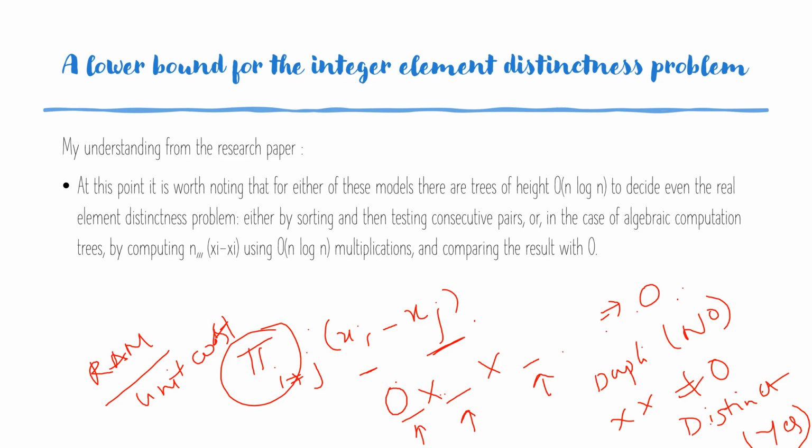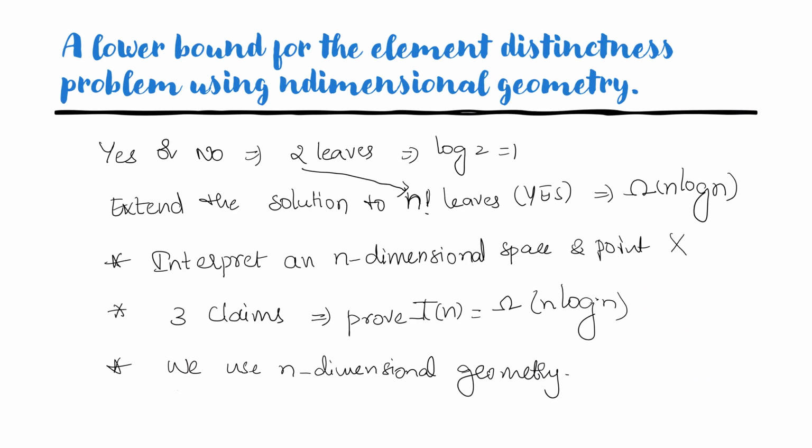This unrestricted RAM specification is very important to solve the element distinctness problem. So this is what I understood from the research paper. I really like this approach from all of the different types of computations they did.